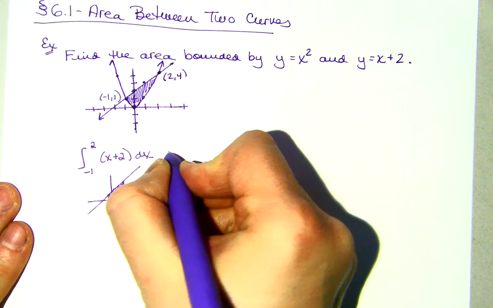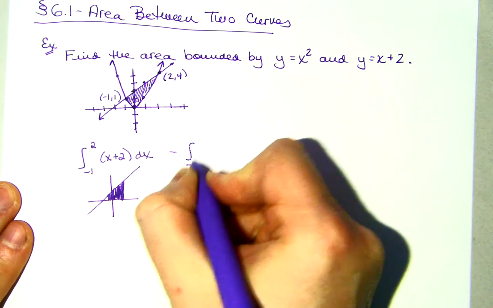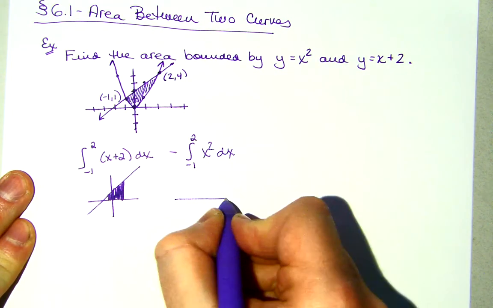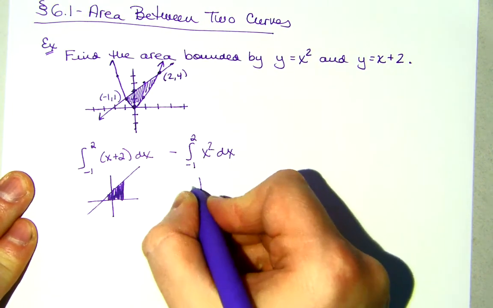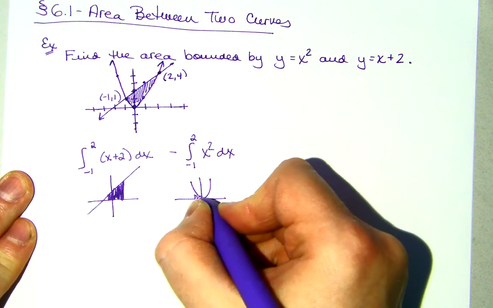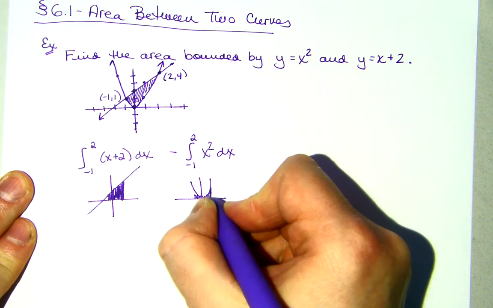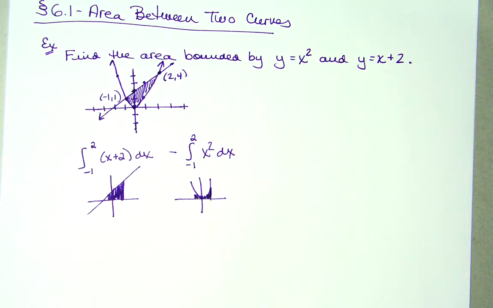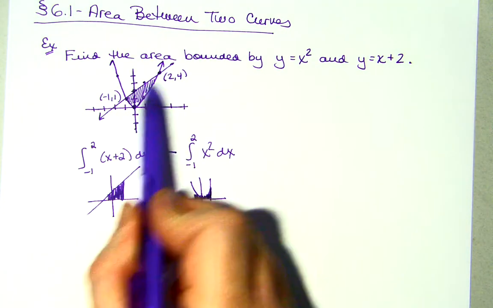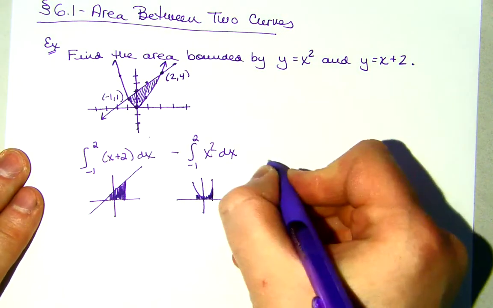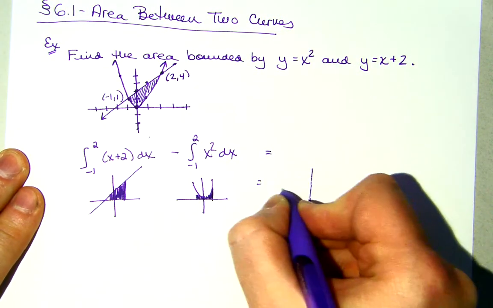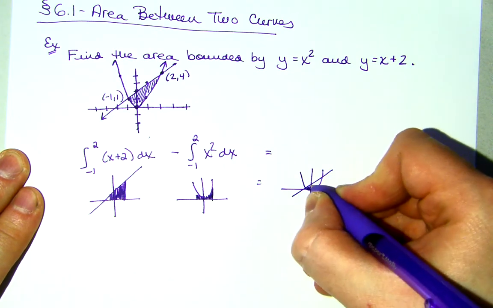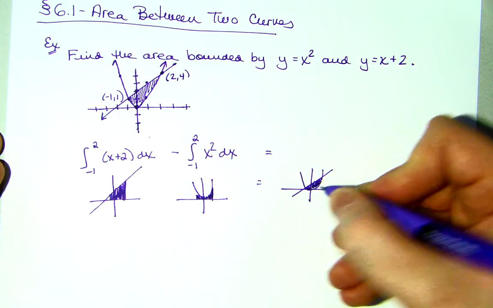If I take that and subtract the integral from negative 1 to 2 of x squared dx, I will have taken that area away. These are not drawn to the best of scale, but whatever. And wouldn't that then leave me with what I actually care about? That should give me that region that I actually want.